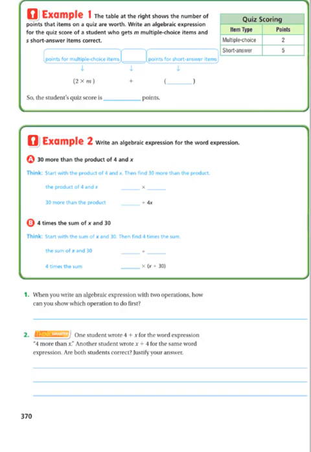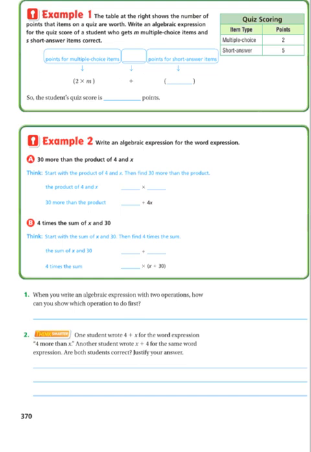Example 1. The table at the right shows the number of points that items on a quiz are worth. Write an algebraic expression for the quiz score of a student who gets m multiple choice items and s short answer items correct.